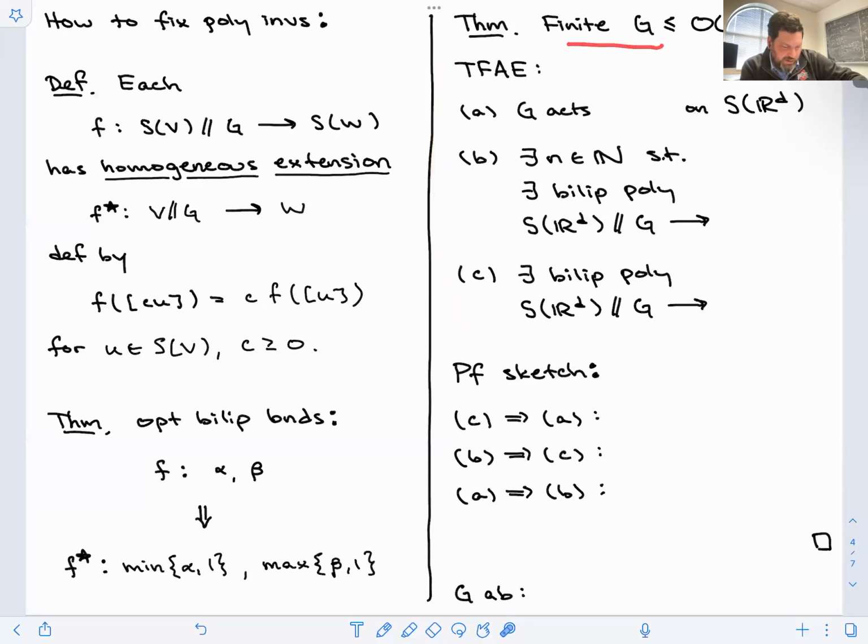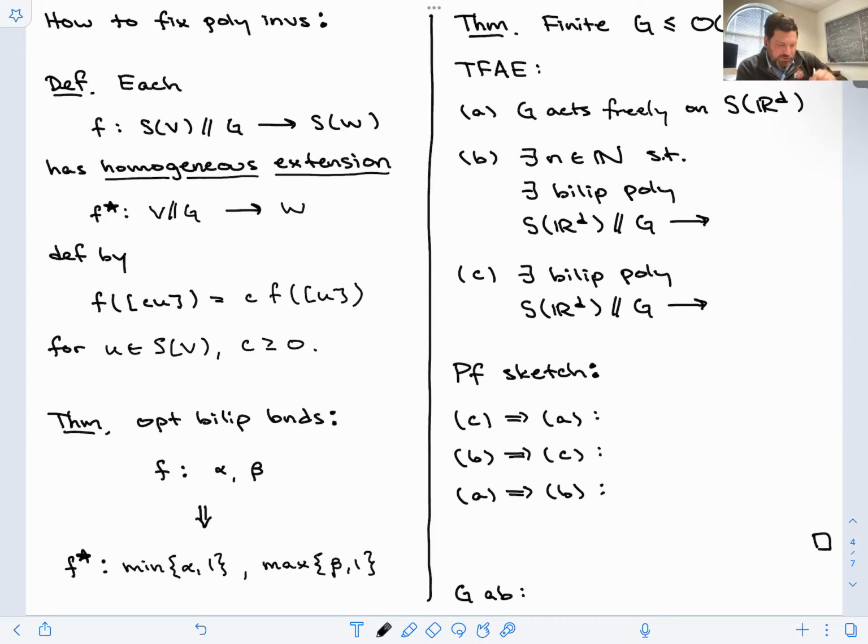So finite groups, the following are equivalent. A: G is going to act freely on the sphere, which is to say that there are no points with a non-trivial stabilizer. What that means is we're avoiding that non-differentiability condition from the previous theorem.